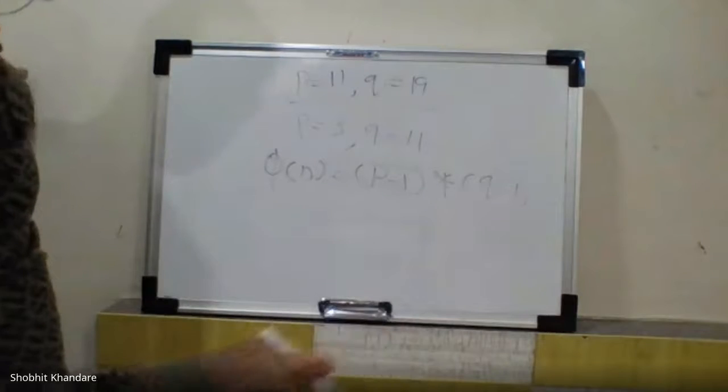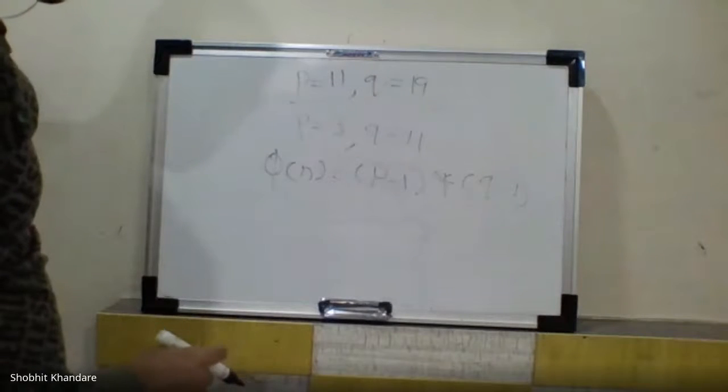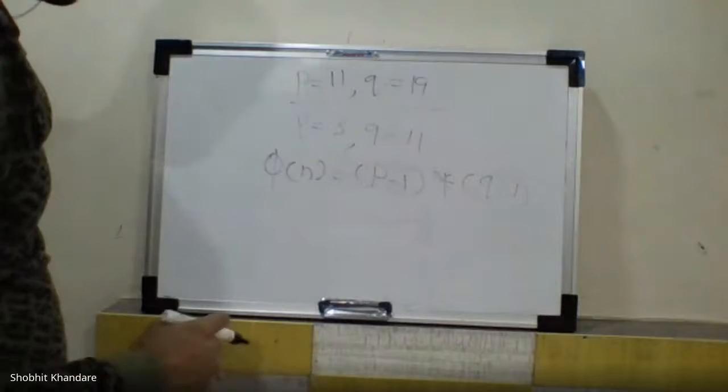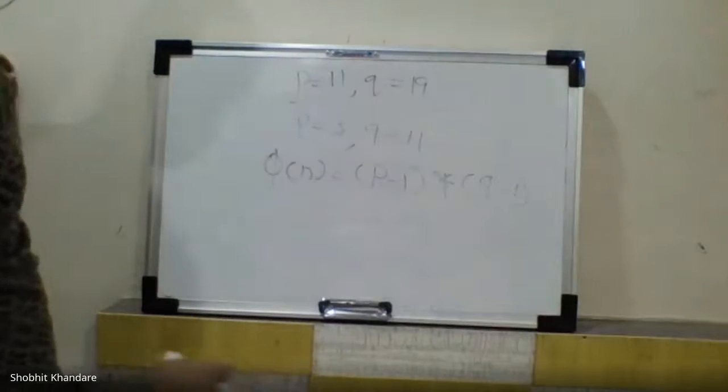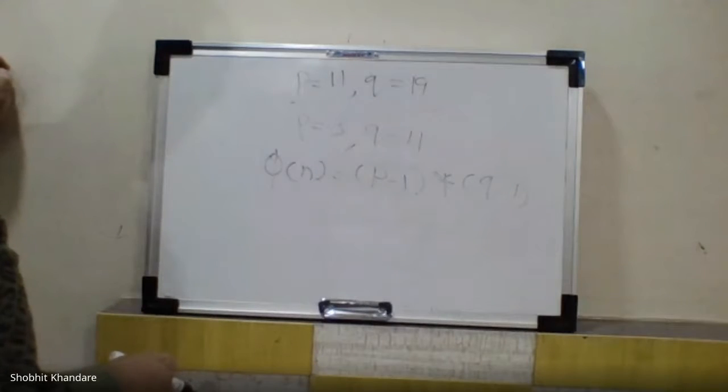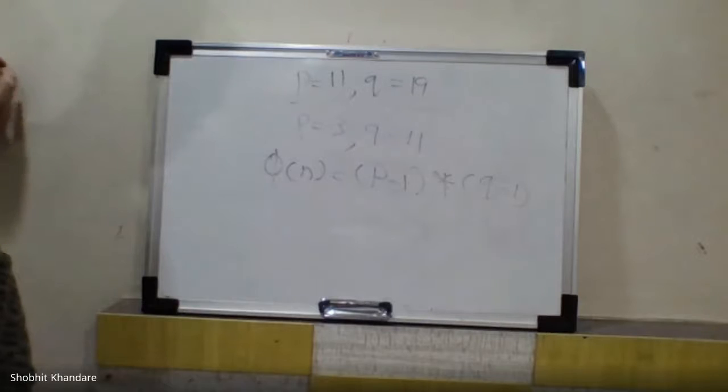After that write step number 3. Assume small e and small d. Step number 4.